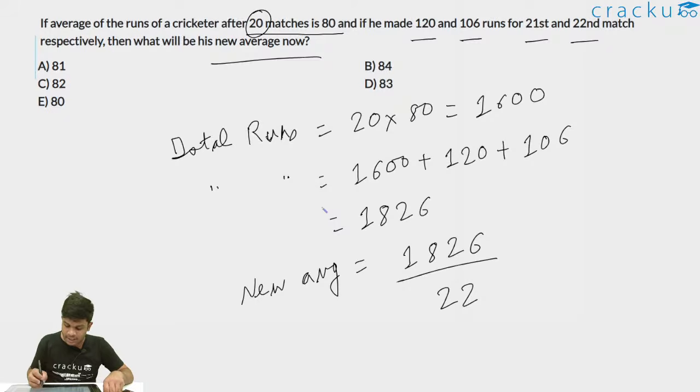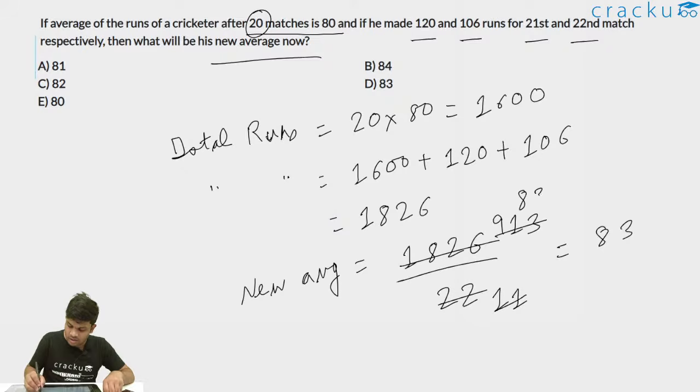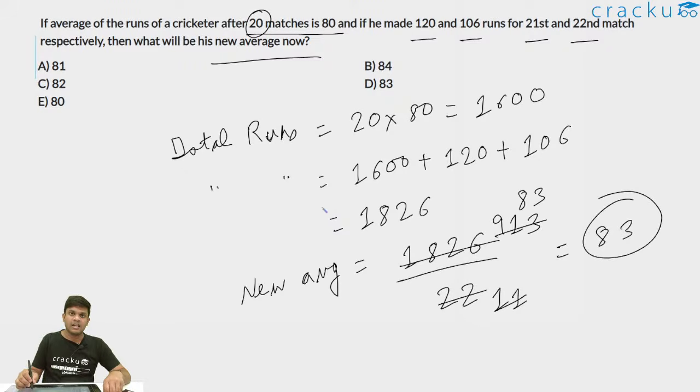Both will first cancel out with 2, so it will be 913 by 11. Now again you can cancel it by 11 and you will get 83. So the new average of the batsman is 83, which is option number D.